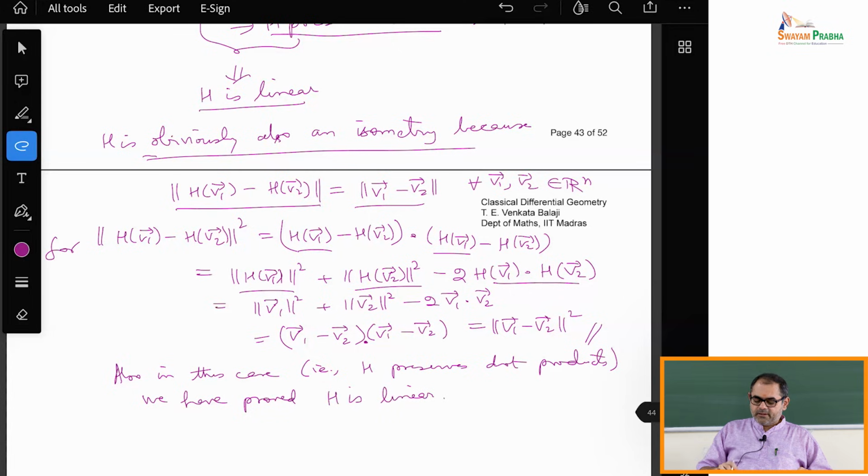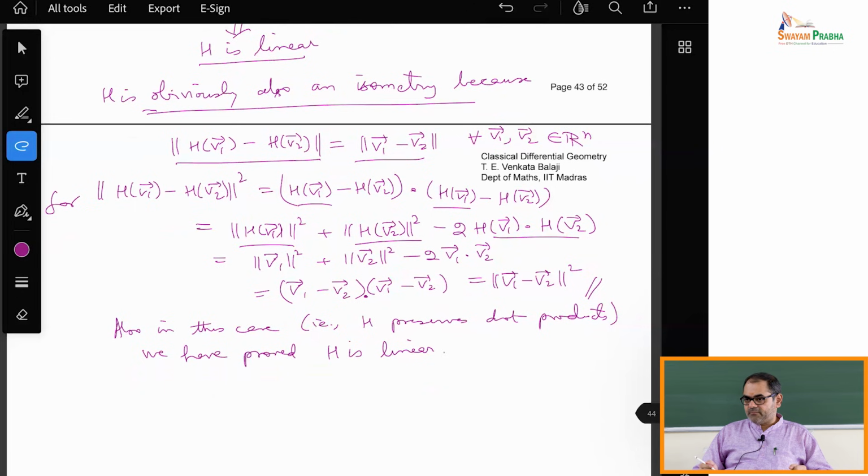Okay. Now try to prove the other way. Start with an isometry. If it takes 0 to 0, prove that it will preserve the dot product and it will be linear. So that's the other way around we want to prove.